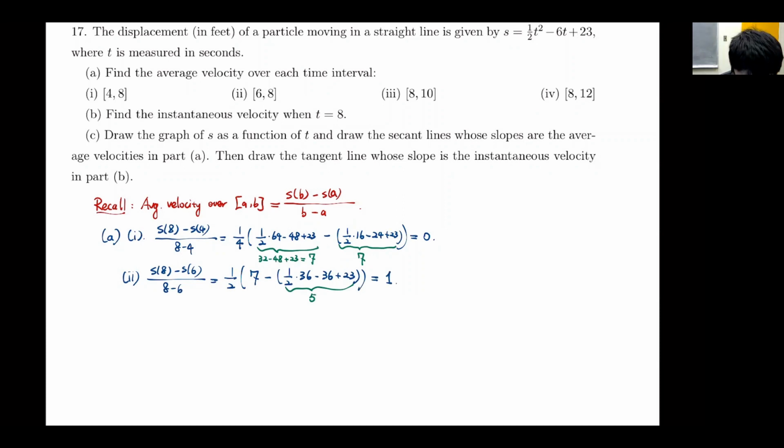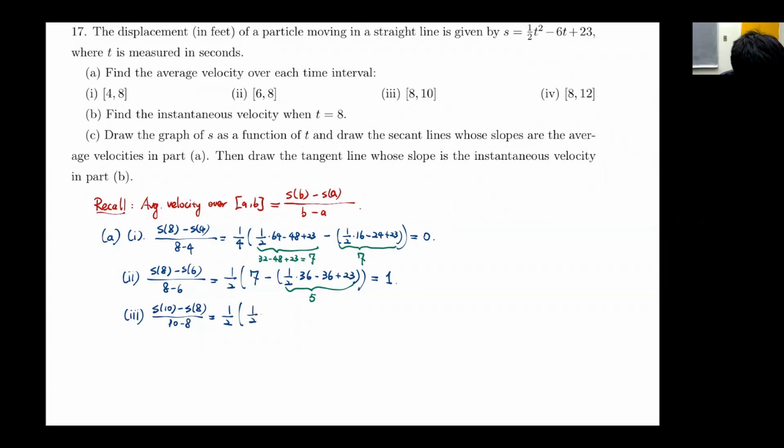For part 3, we need s(10) minus s(8) divided by 10 minus 8. The denominator is 2, so I have a 1/2 factor in front. We need to compute s(10).